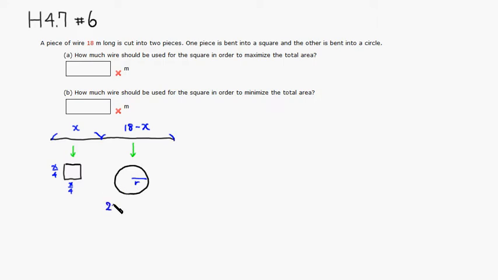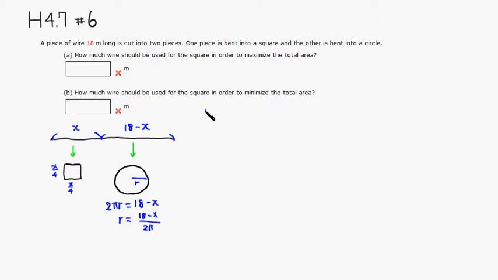So the 2 pi r, the circumference of the circle, must match 18 minus x. So the radius is r equals 18 minus x over 2 pi. Then we want to maximize and minimize the combined area.